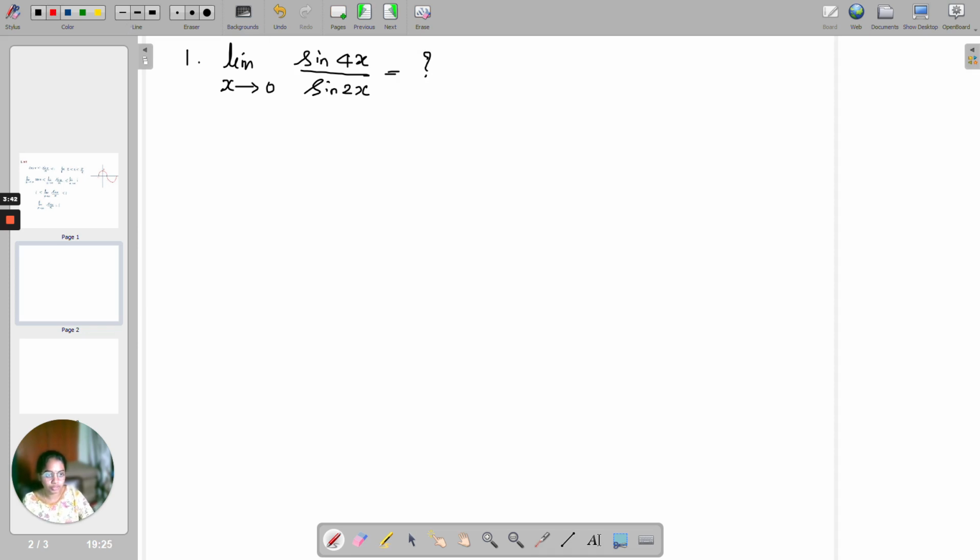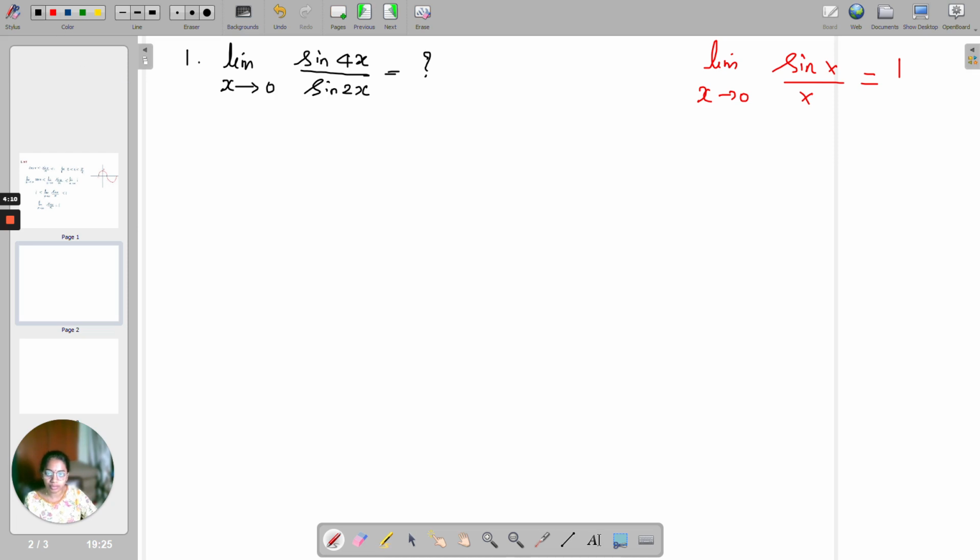So what was that formula we just found? That was limit x tending to 0 sin x divided by x is equal to 1. So basically x can have any coefficient. I can have sin 4x divided by 4x over here, and even that would be equal to 1.